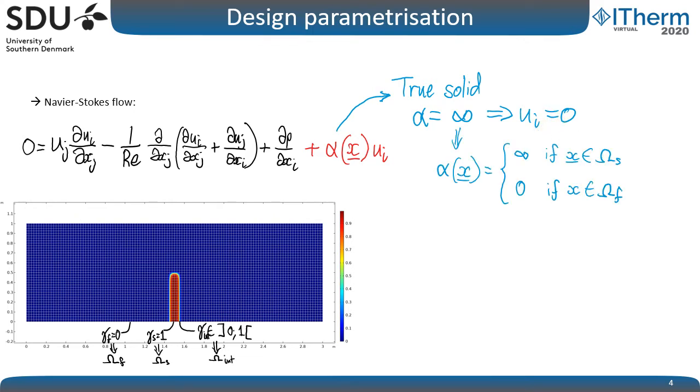However, in practice, we have an upper bound for this penalization term that should be larger than 1 in order to ensure small velocities. So gamma equals 0 is pure fluid, gamma equals 1 is pure solid, and then we have something in between.